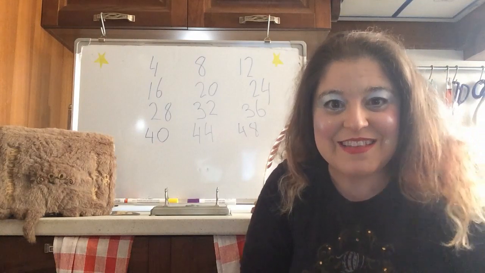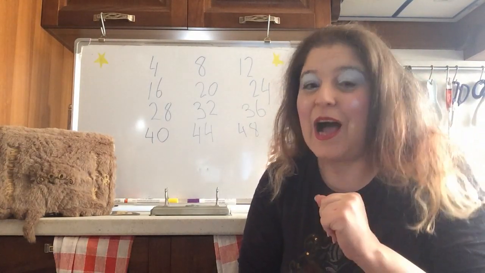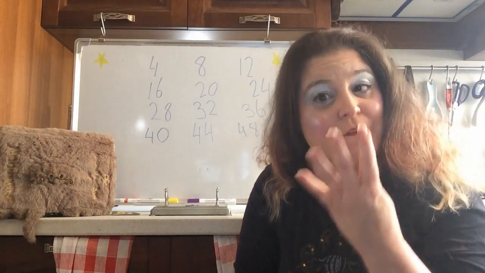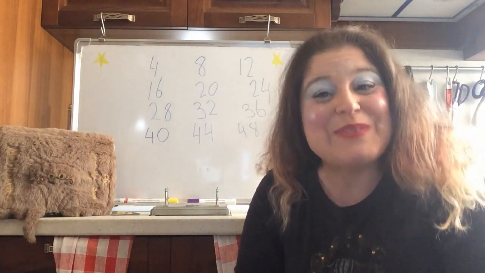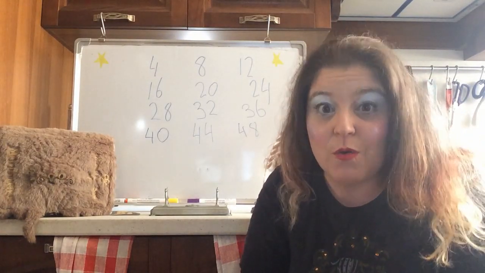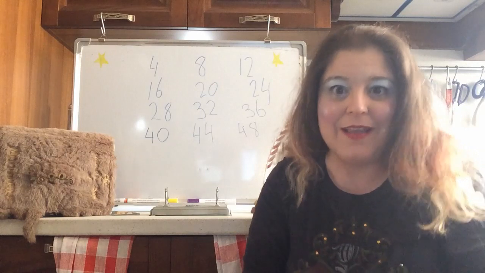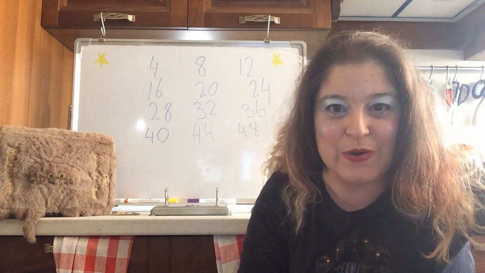Remember, we learned this trick when we learned about multiples of 2, about multiples of 3, about multiples of 5, and about multiples of 10. Look at the units digit. It can very often help you. So, let's count our multiples of 4.